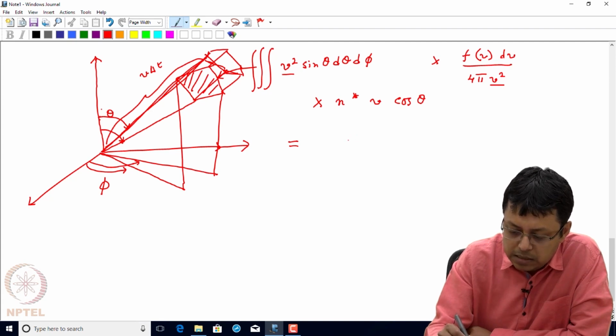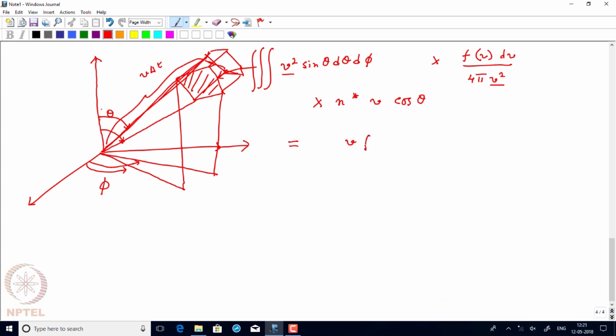So for the v integral, it is nothing but v into f(v) dv, and the range of speed is basically 0 to infinity, and then there is a 1 over 4 pi. Now this is nothing but the expression for the average speed. So we'll write it as average speed divided by 4 pi.